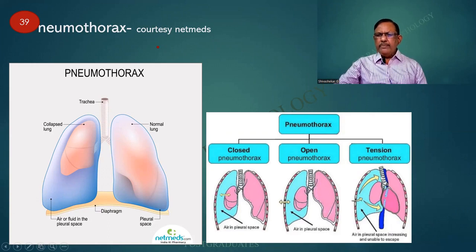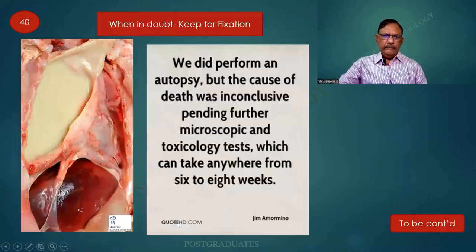It keeps accumulating in one region, collapsing the lung. All of these can be medical or surgical emergencies. Please do remember the different terms of pneumothorax, at least for the sake of completion. And courtesy NetMeds for these pictures.